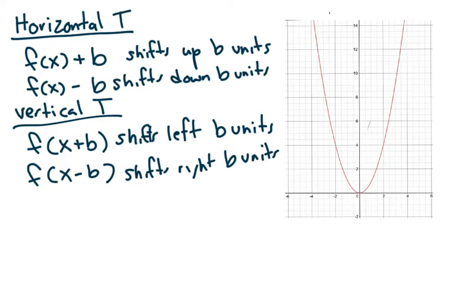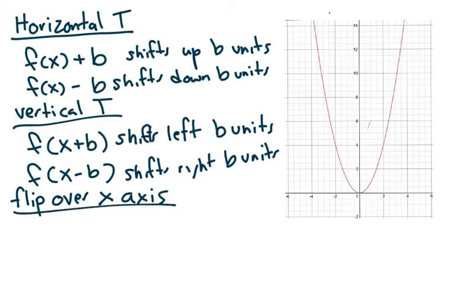A few other things I want to talk about. This is actually a bad example for certain things. The parabola is, because it's symmetric. Let's do flips. Flip over the x-axis.